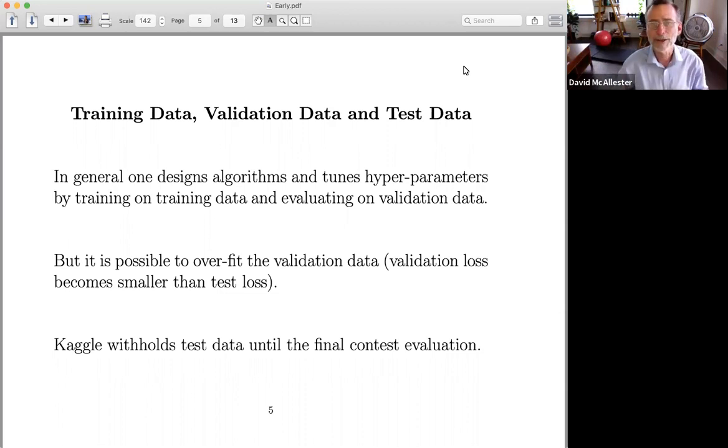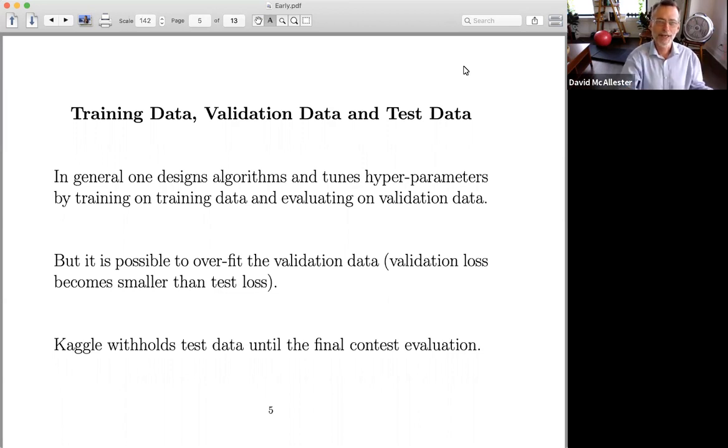Some of you may be familiar with Kaggle. It's a company that holds competitions, and it sells these competitions to people who want to build algorithms, and then it challenges people from the machine learning community to compete. The winning competitor's work gets passed to the company that sponsored the challenge. Kaggle withholds a final test set from everyone.